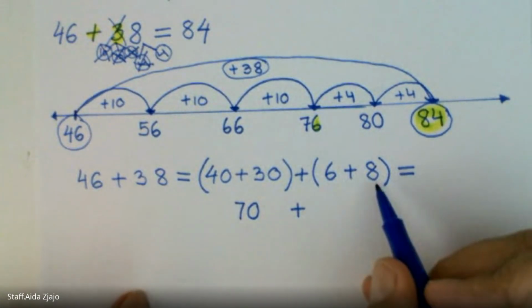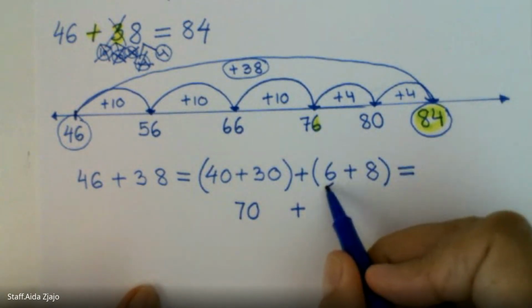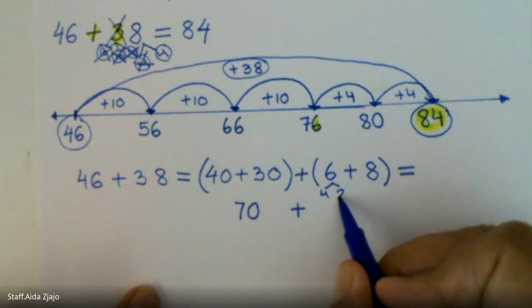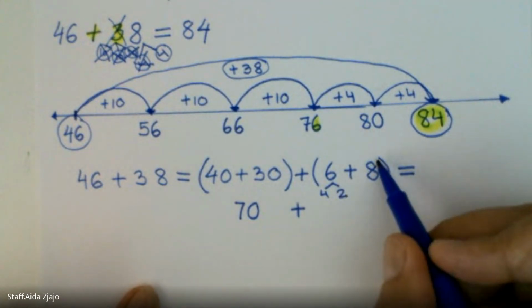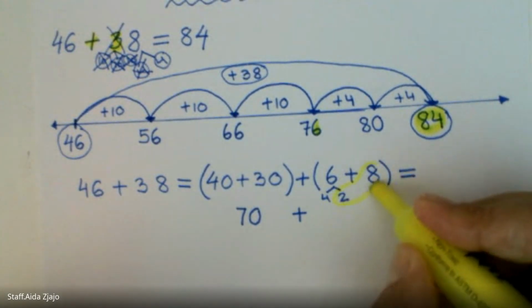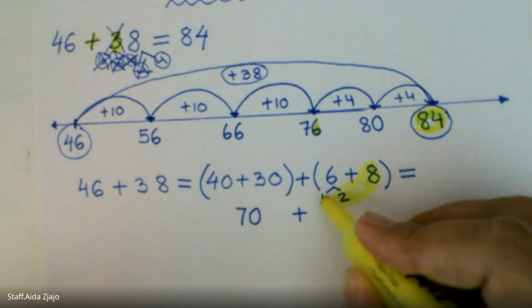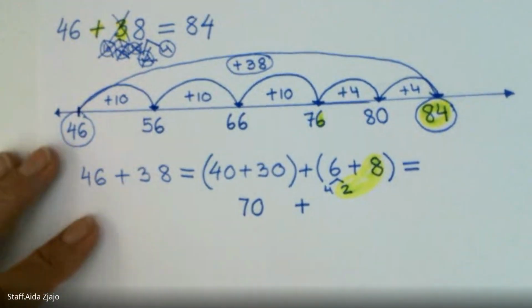And 6 and 8: I can think about it if I decompose 6 into 4 and 2. I know that 8 and 2 will make a 10, and I will have a 4 extra.